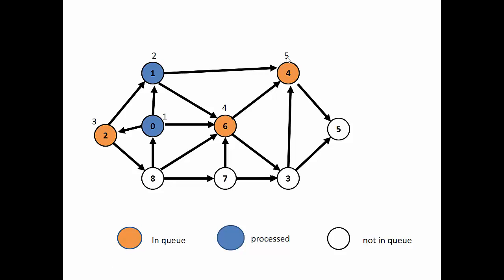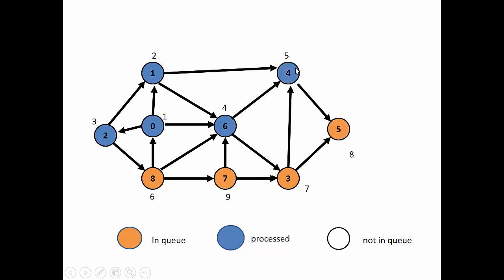And then we will dequeue the next one in the queue, which is 2, and then put its neighbors into the queue, which is 8, and that will be number 6, and then dequeue 6, and then put its neighbors that are not processed into the queue. That'll be 3, and then the next thing to dequeue would be the one with the lowest number, which is 5.